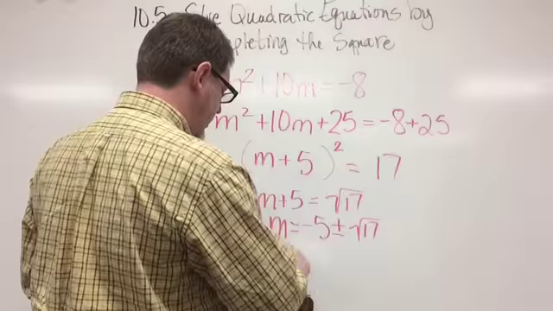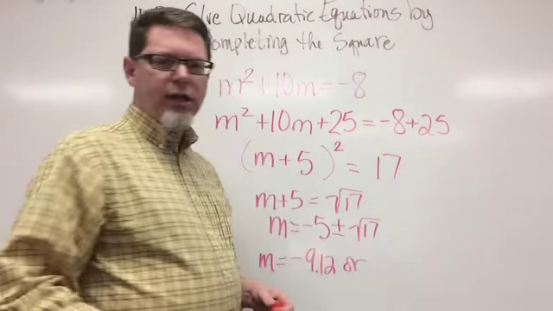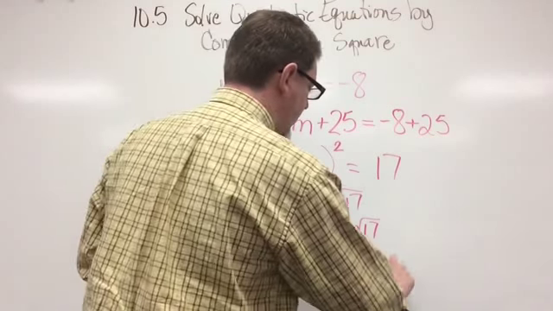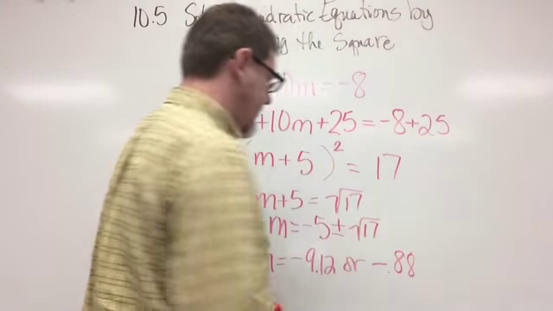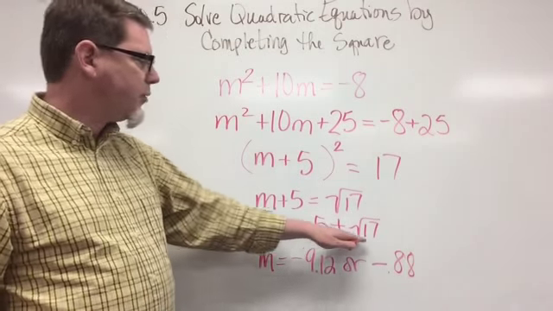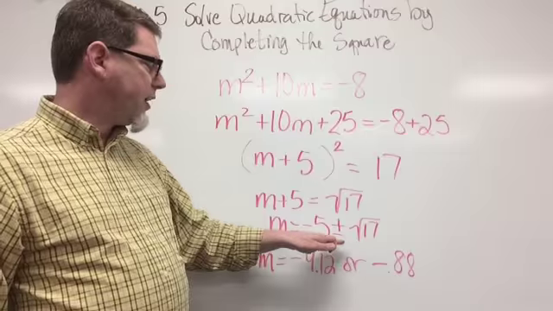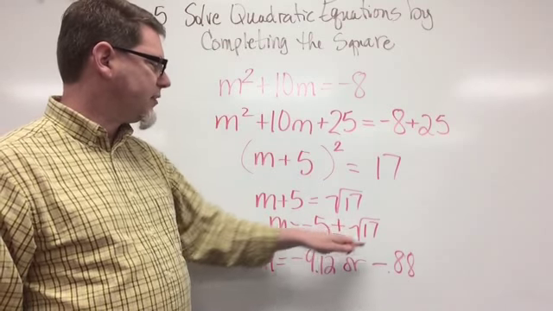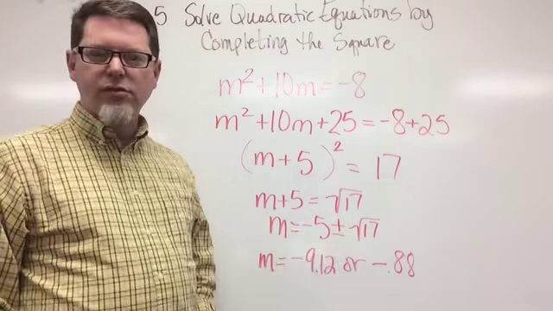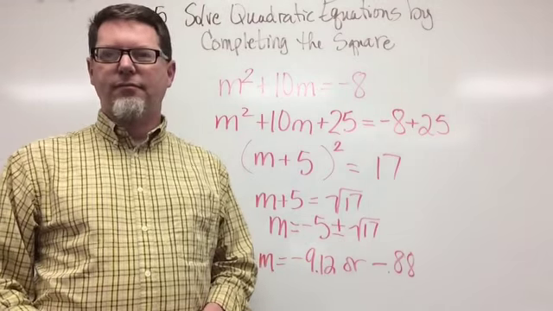So m equals -9.12, or m also equals -0.88. And I got that by plugging it into my calculator. -5 plus the square root of 17, and -5 minus the square root of 17, and these are my two solutions.